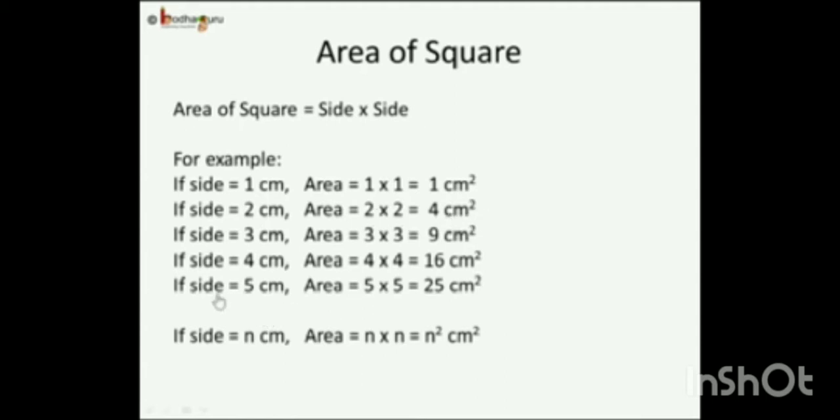If a square has a side of 5 centimeter, the area would be 5 into 5, that is 25 centimeter square. Or to put it generically, if there is a square with n centimeter as the sides, then its area would be n into n. That's called n square centimeter square, right?